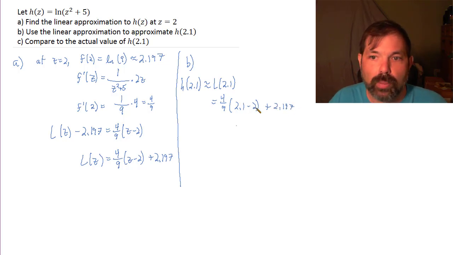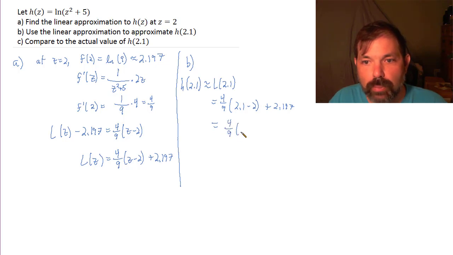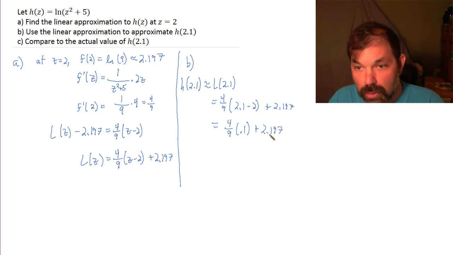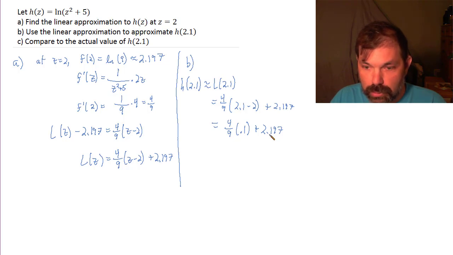And so notice 2.1 minus 2 is 0.1, so 4/9 times 0.1, that's easy enough to do, plus 2.197 is approximately 2.241.